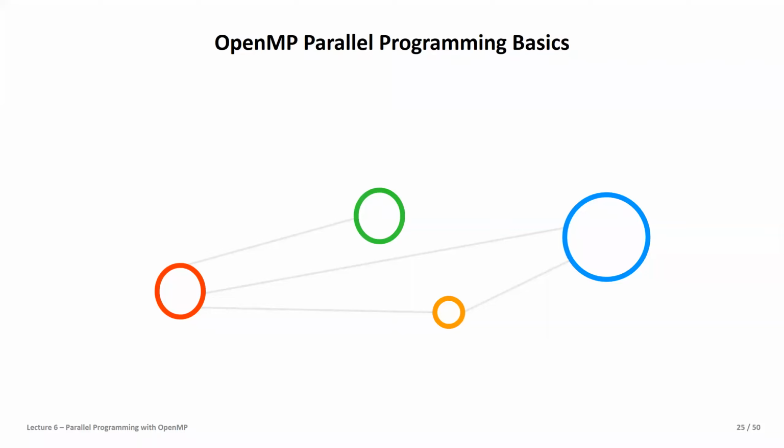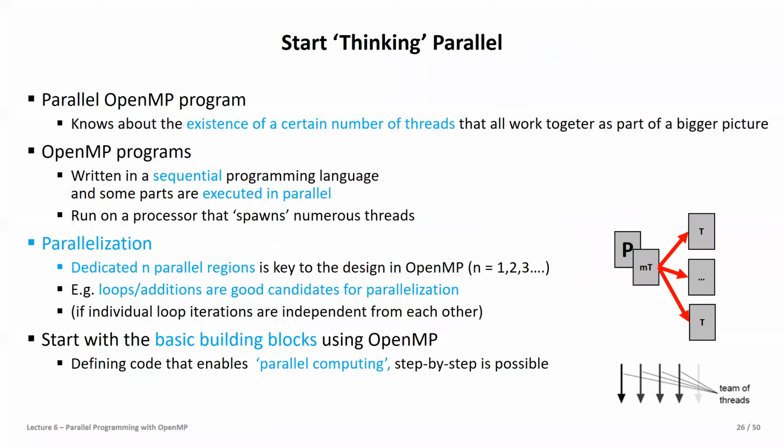So you're really using applications with OpenMP, and we will start very basic to think again in parallel. So what does that mean? A parallel OpenMP program. We learned already, instead of just processors, you now have, of course, still cores and processors, but basically they are different threads.